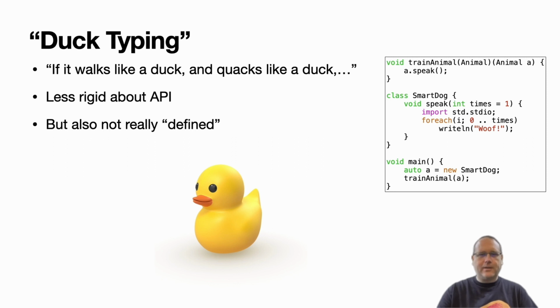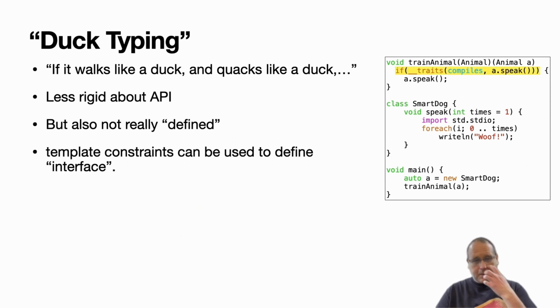Yeah, sure. Okay. But we can add a template constraint, and a template constraint can be used to define the interface. You can take this template constraint and say, okay, I can see from the template constraint that the animal must be able to call the function speak with no parameters. Now this works for smartDog, and it can work for other things.